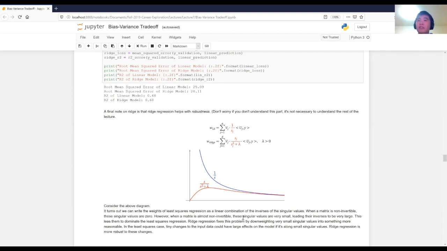This essentially suppresses really, really small values of S. You lose out on some data because you kind of want to express small singular values, and ridge regression doesn't really do that, but it helps protect the model from very, very large terms that can arise if the X transpose X matrix is almost not invertible.